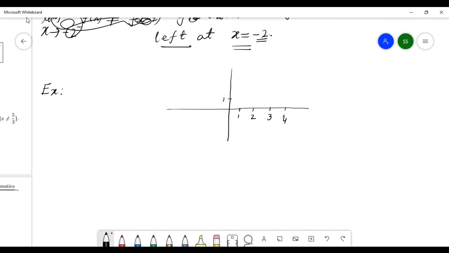Here 1, 2, 3 and 4. I'm taking one graph here.